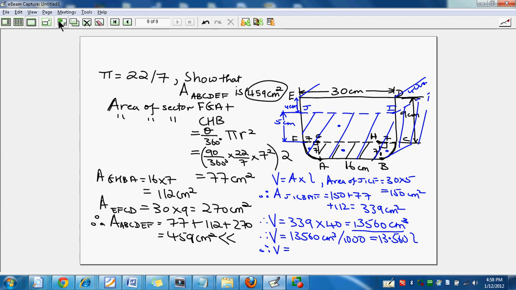Because this number here is 5 or more, it rounds off to be 14 liters in all. So the answer finally is 14 liters, because it's to the nearest liter.